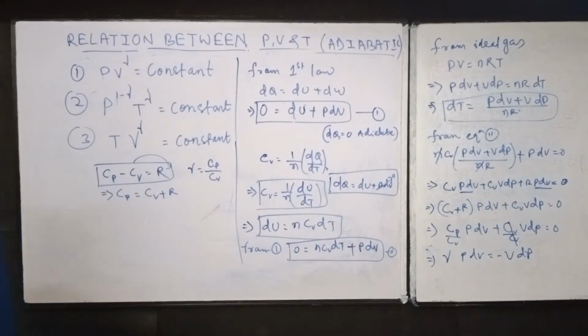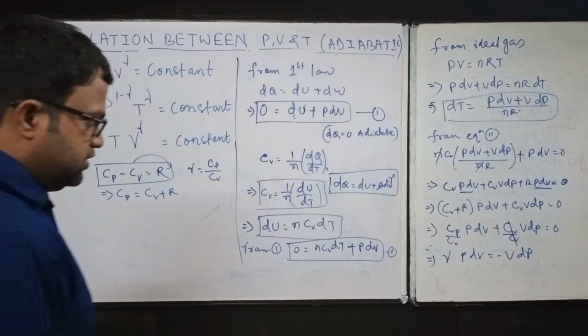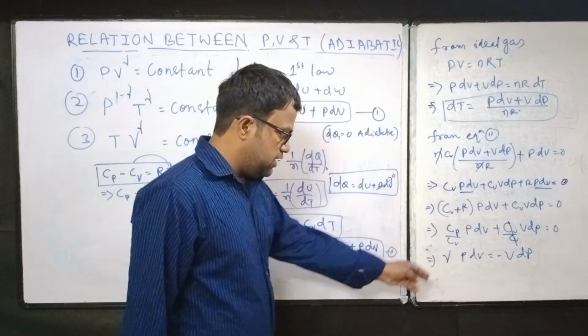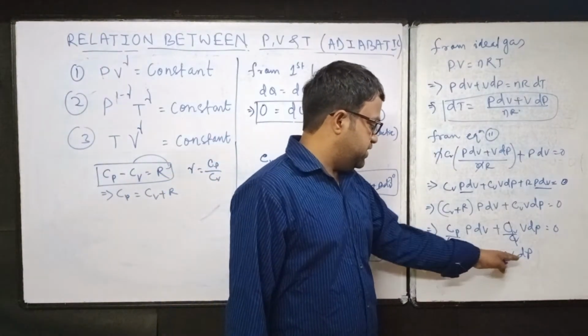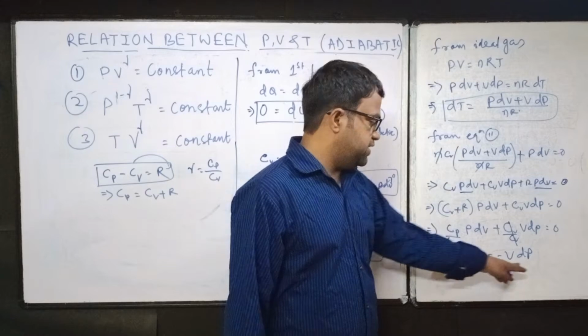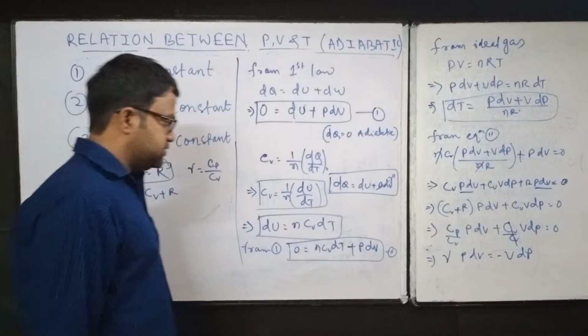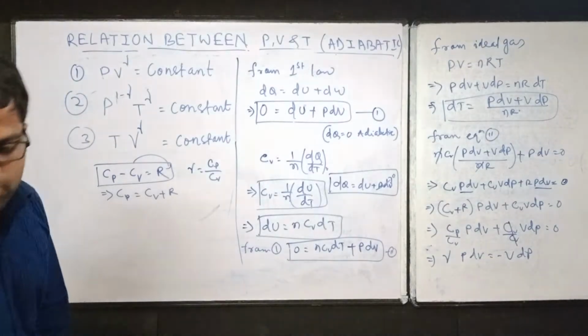Fine. So now I'll use the variable separable method and integrate. Variable separable method means I'll bring V with dV and P near dP. So I'll separate the variables and integrate. This is a quite well-known method.